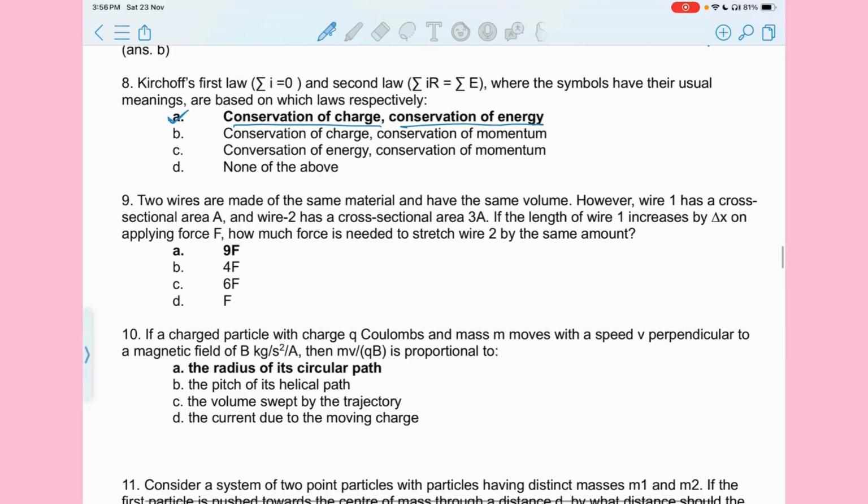Moving to the next question, question number 9. Two wires are made of the same material and have the same volume. However, wire 1 has a cross-section area of A and wire 2 has a cross-section area of 3A. If the length of wire 1 is increased by delta x on applying the force F, how much force is needed to stretch wire 2 by the same amount?